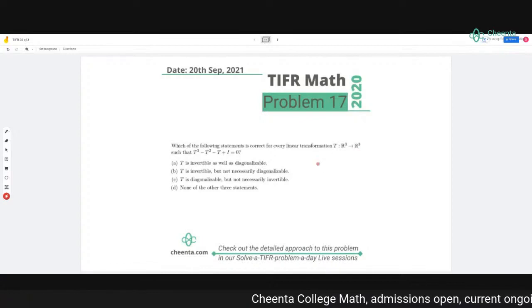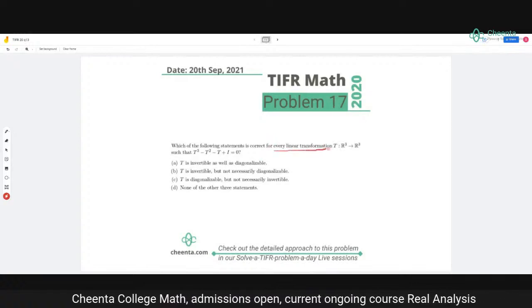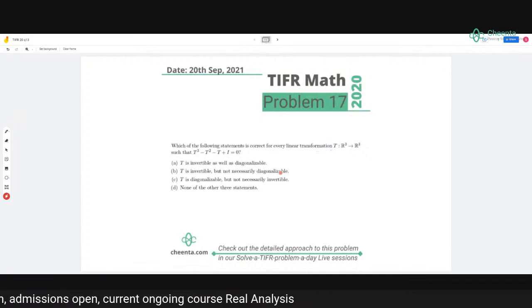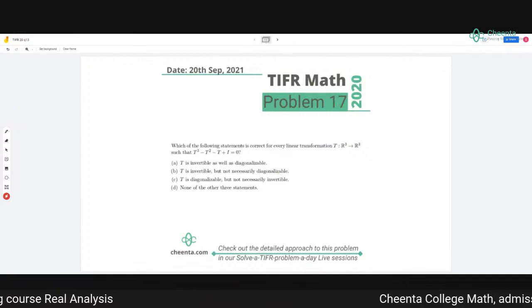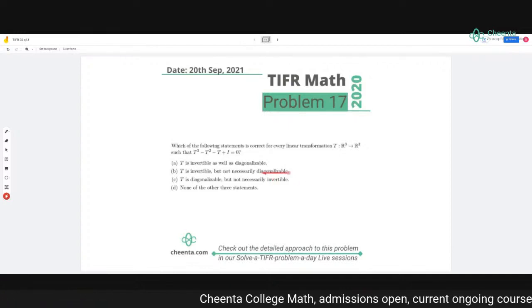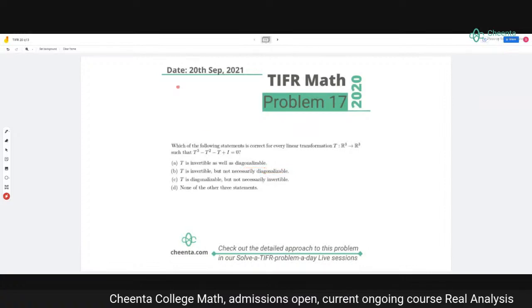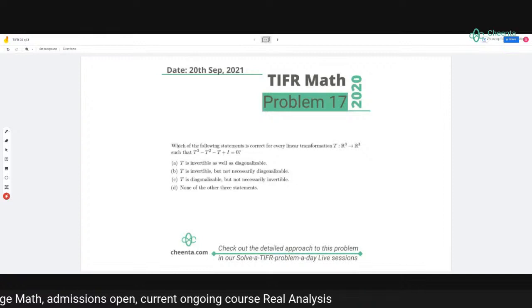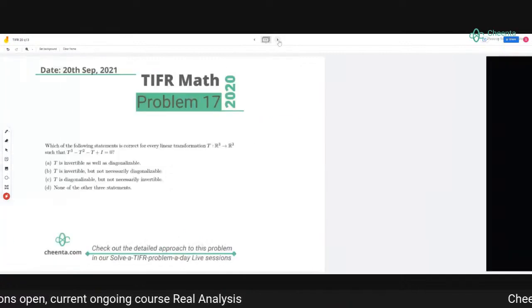Another hint is that for every such linear transformation, if I take a linear transformation whose characteristic polynomial is also this, then what can we say about the diagonalizability or the invertibility of the matrix? There are certain things that you need to know to solve this problem.